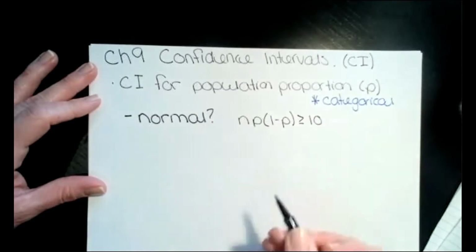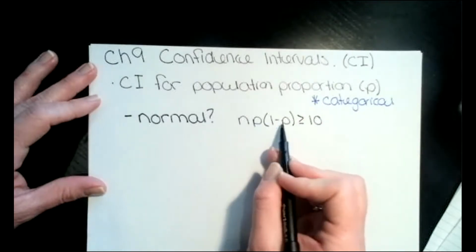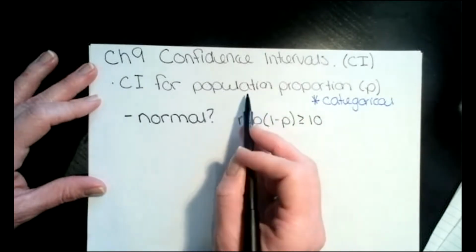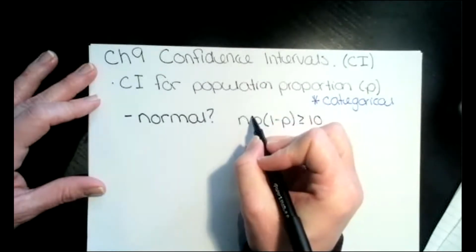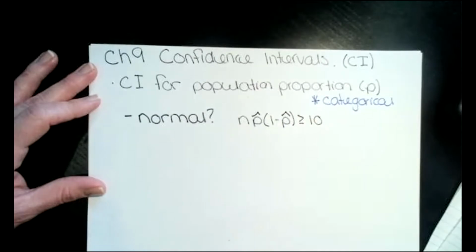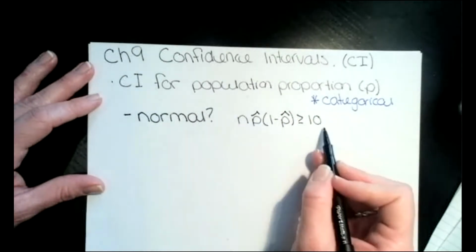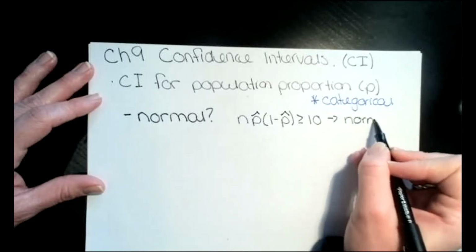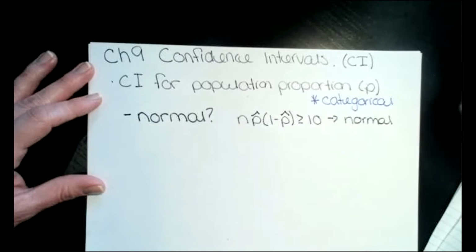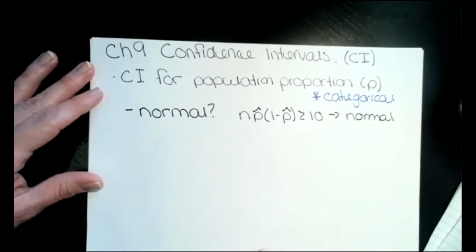But now we don't have P because that's the population proportion, and that's what we're trying to estimate. But we have a sample, so we have P hat. Okay, so we use P hat in this calculation. So if this is true, then normal. So that's a quick check.